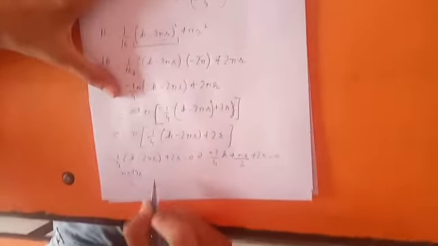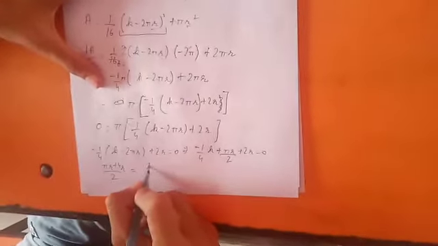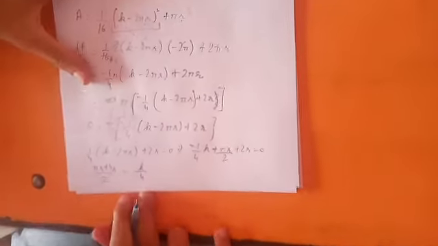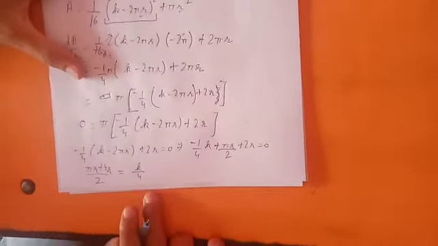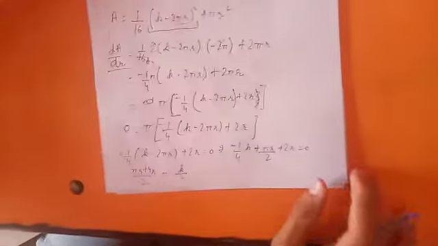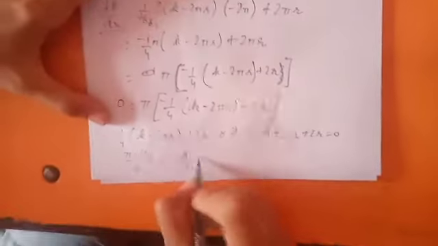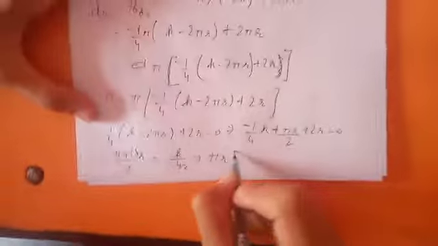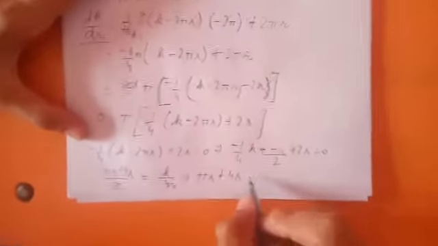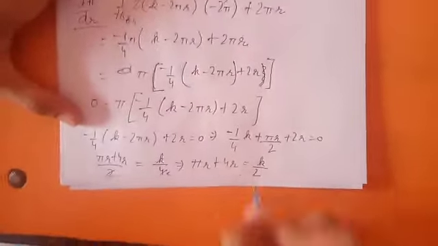Here I can take 2 as LCM. Pi r plus 4r is equal to k by 4. So from here I got pi r plus 4r equal to k by 2.